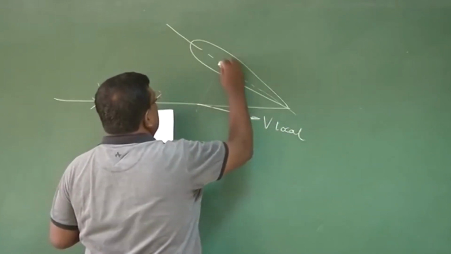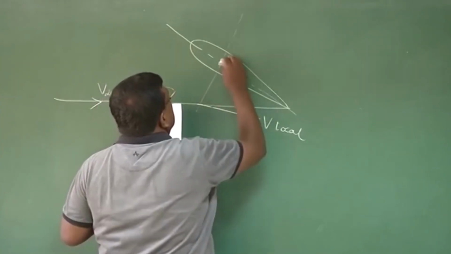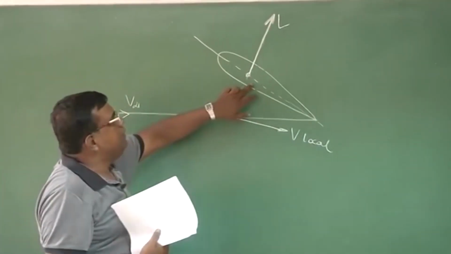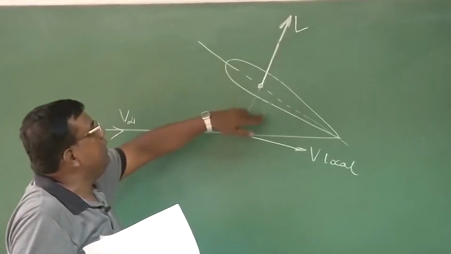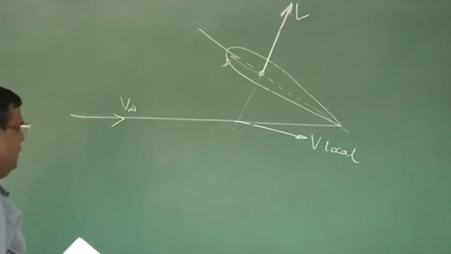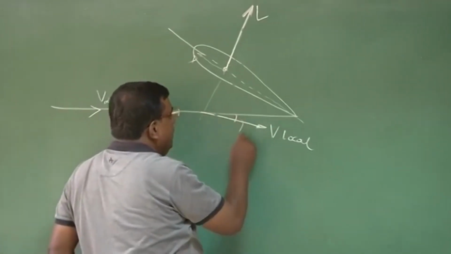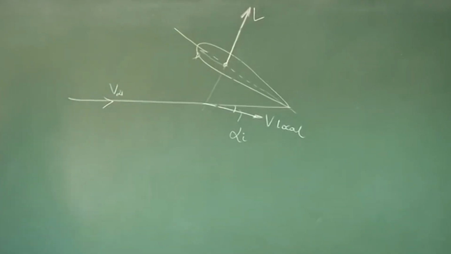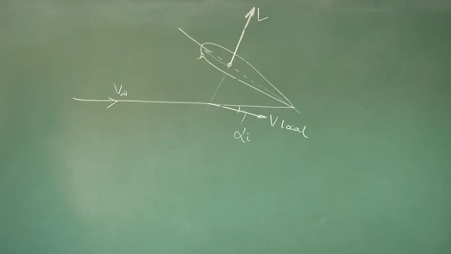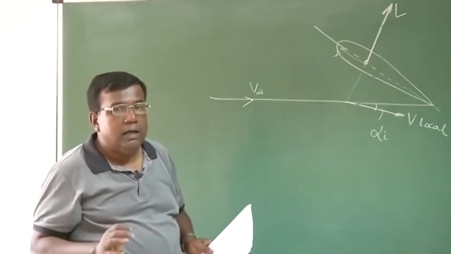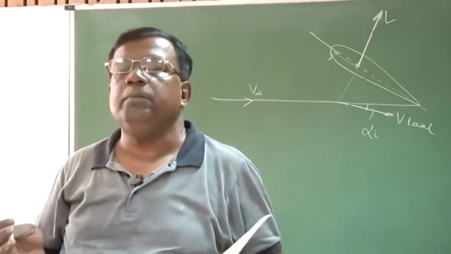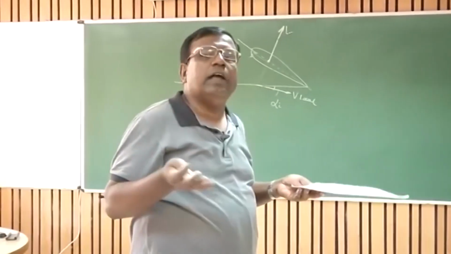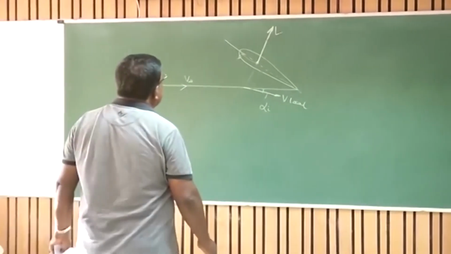Now here, if I try to draw lift, I know this will be perpendicular to the local flow condition, not to V infinity, right? And this angle, the tilt in the velocity vector, is called the induced angle of attack. Who has induced this? It's induced by the downwash. Why has downwash come? Because of vortices. Why have vortices come? Because of the pressure difference between the bottom and the top portion. And why do you need a pressure difference? Because I want lift, right? So it is alpha induced.